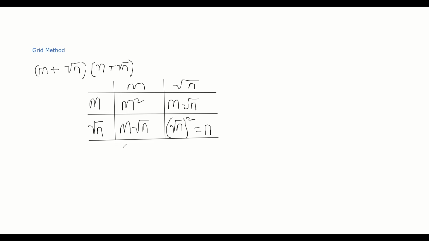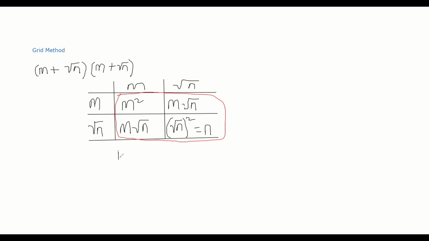So what we do is we concentrate on this part of the grid. We concentrate on this part. So we add all the variables together.